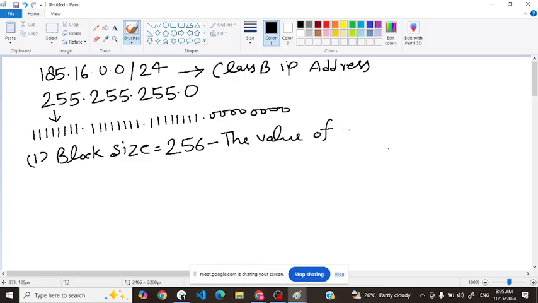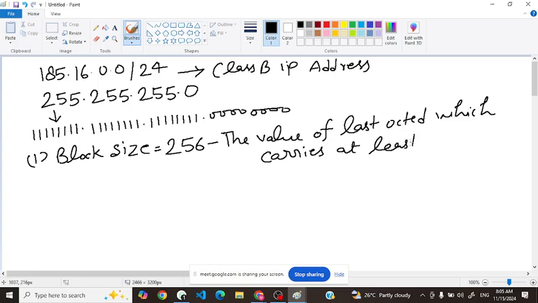of the last octet which carries at least one 1. So here any 1 is present? This octet carries any 1? No, there are no network bits on. This is the host bit, they are all off. So 256, here 1 is present.